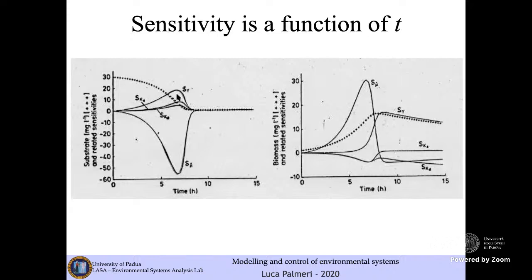We are studying the sensitivity of the substrate, the sensitivities of various parameters appearing in my model in time, and we see that as the substrate gets consumed, meaning that the population is growing, we have increasing sensitivity to some parameters, and decreasing sensitivity to others. In particular, this is the sensitivity to the internal growth rate.